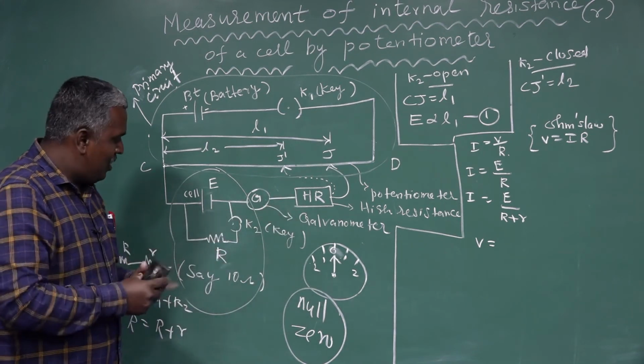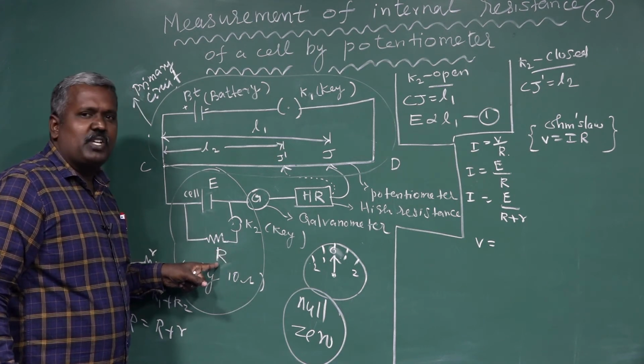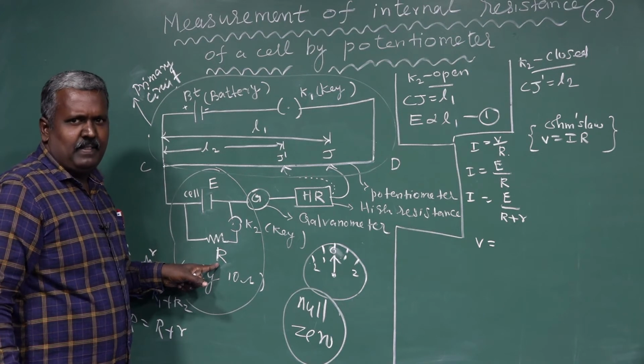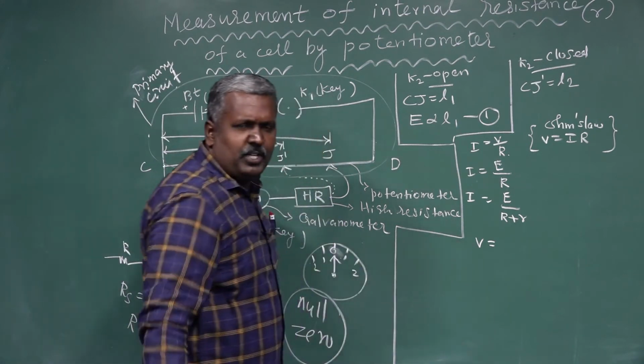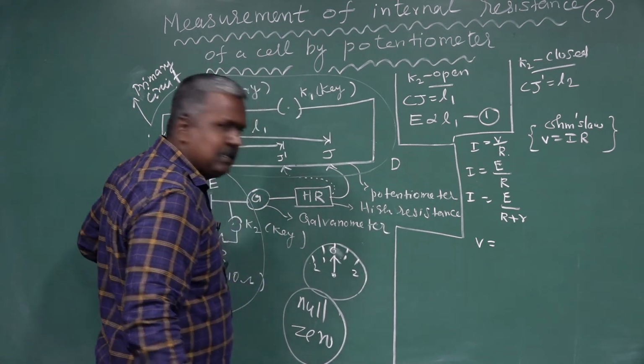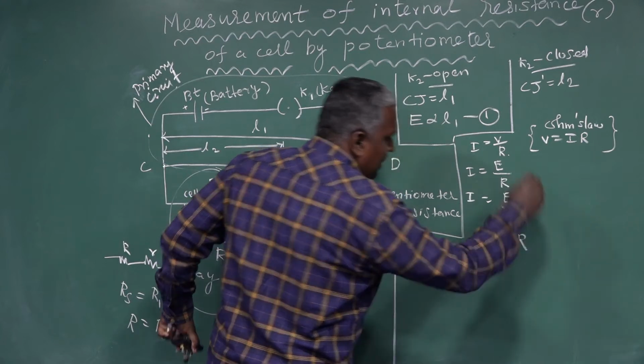At the same time, potential difference exists across this resistor of resistance capital R. That is called V. Potential difference across R, that is called V, is equal to IR.